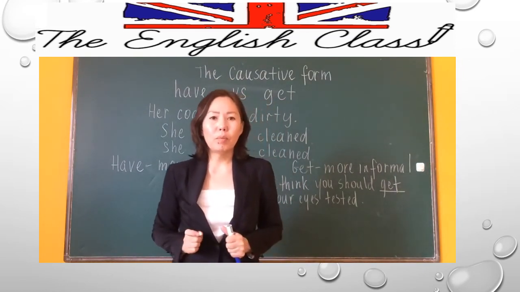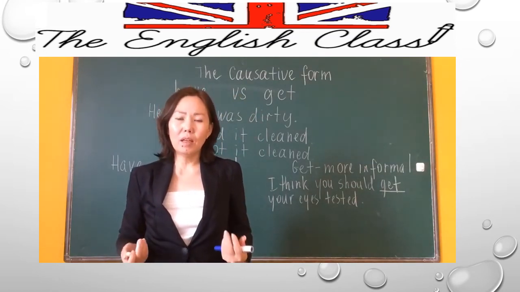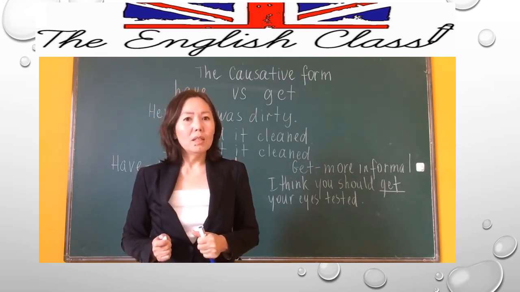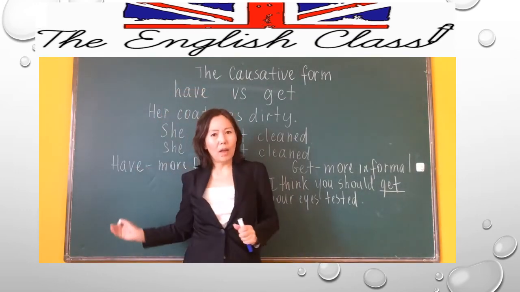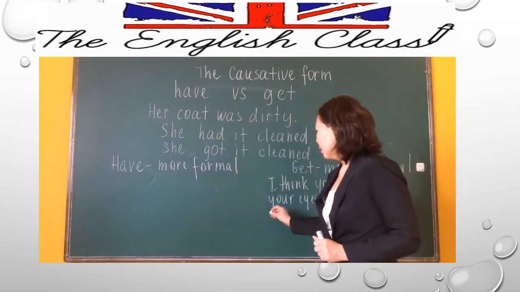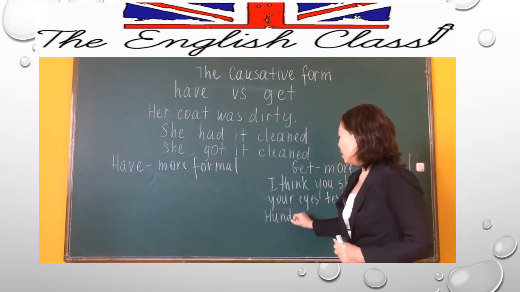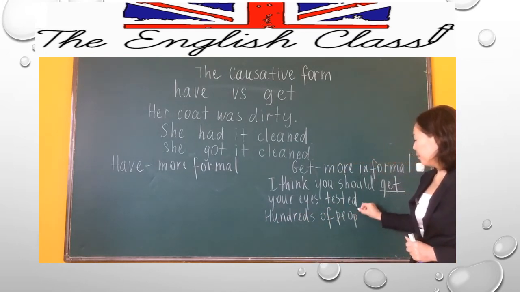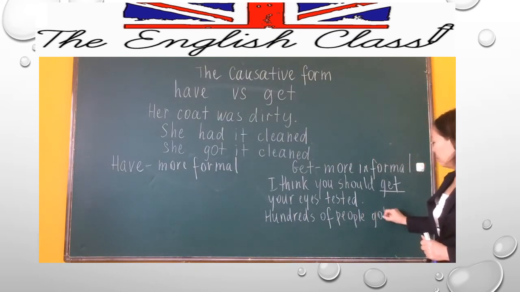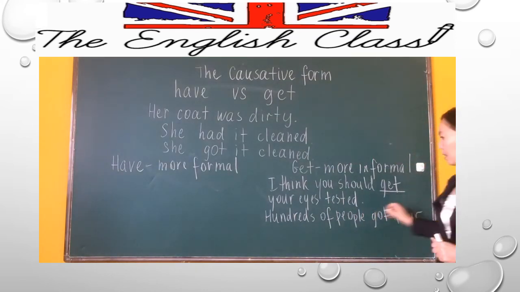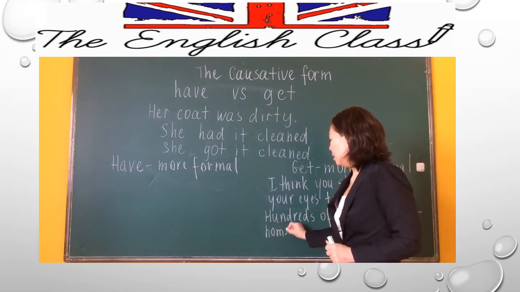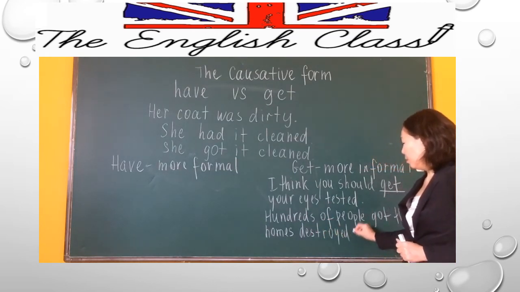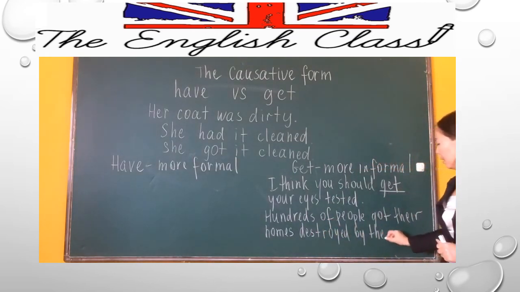And also you should remember, when you want to express some negative experiences or unwanted situation, it's better to use get instead of have. For example, hundreds of people got their homes destroyed by the tornado.